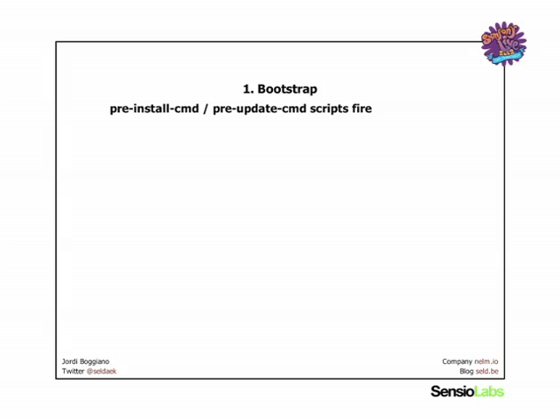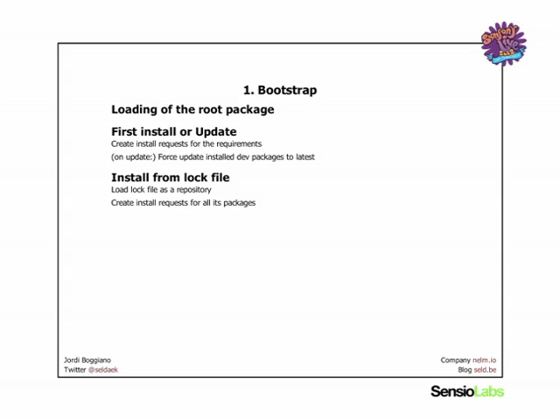Then we load the root package, that's your composer.json basically. And from that, if you're doing an update or on the first install when you don't have a lock file yet, you just read all the requirements and create installation requests for all those requirements. That just says, okay, I need this package with this version constraint, nothing fancy.